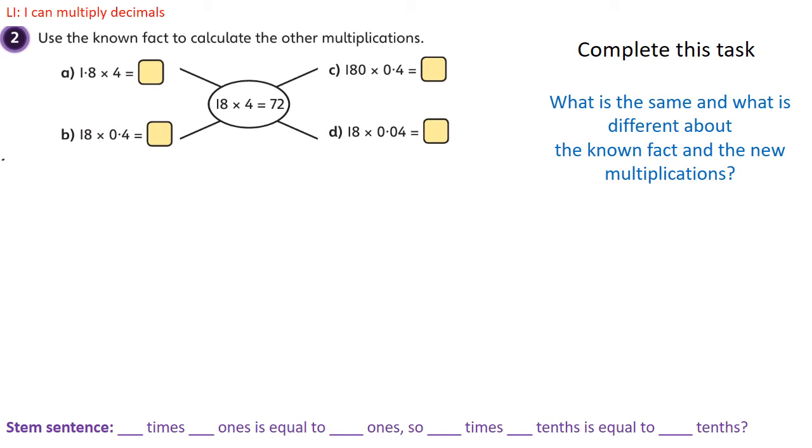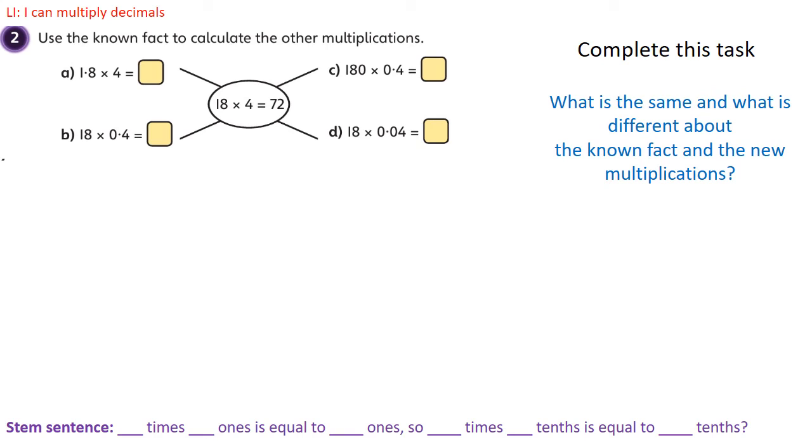C is slightly different because 180 is 10 times more and 0.4 is 10 times less. Some of you might be able to predict what your answer will be already. But let's have a think about how the STEM sentence can help us.